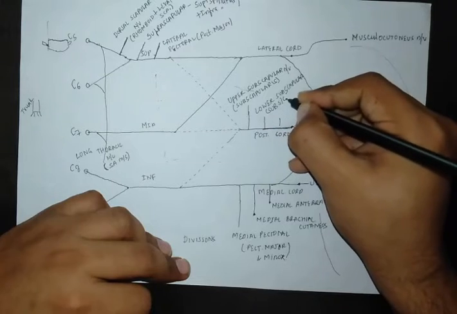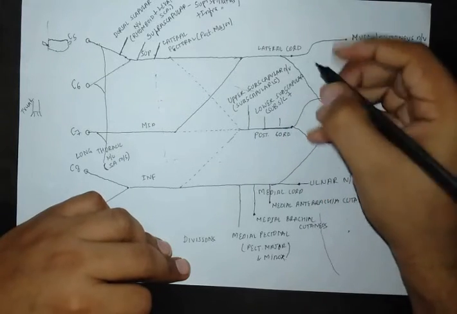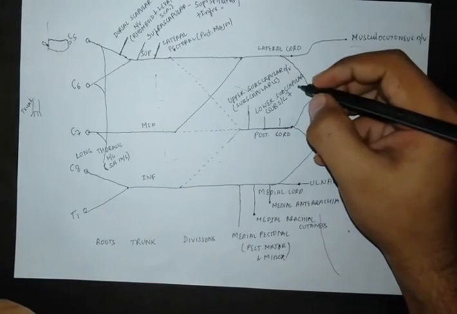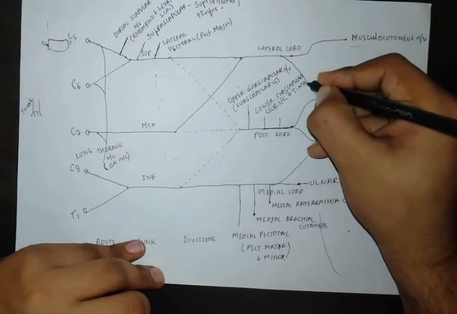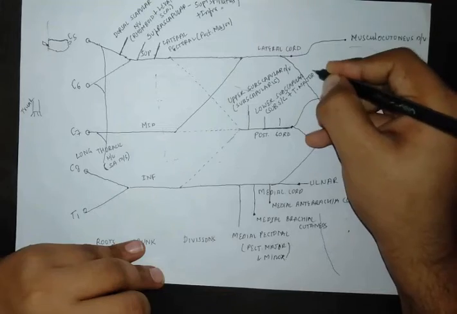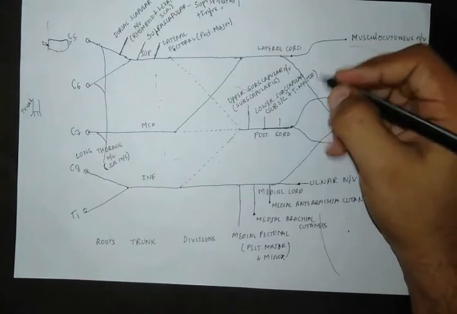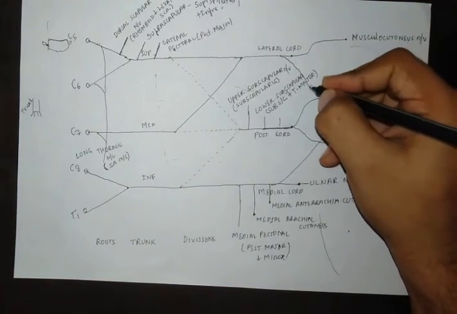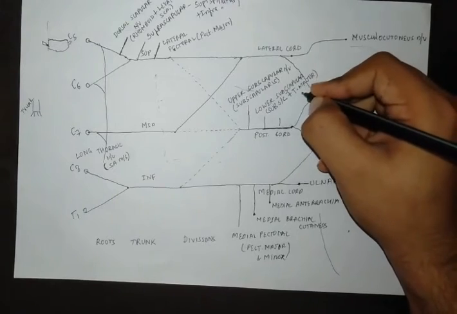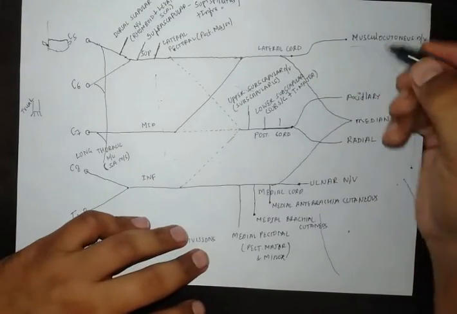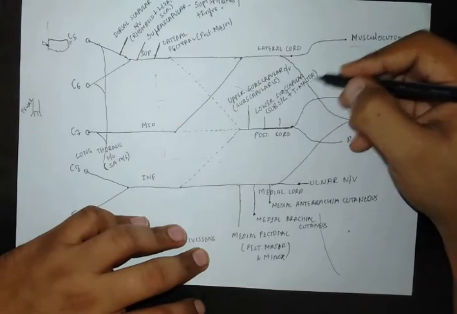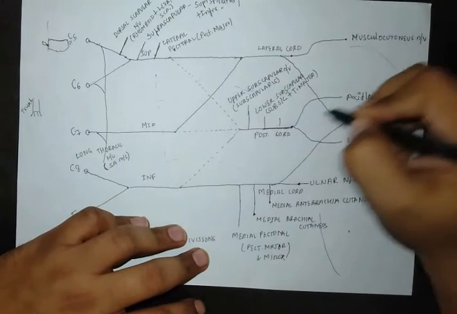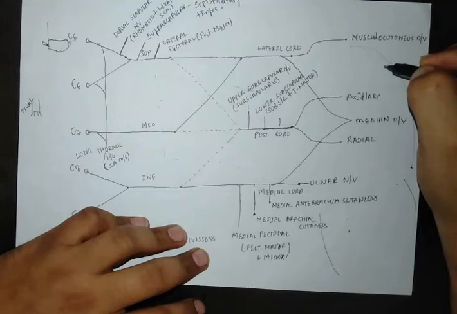I'm using short form, subscapularis muscle, plus another muscle which is behind, which is the teres major. Teres major is below the subscapularis muscle. Now do not confuse it with the teres minor. Understand, the teres minor muscle is above the teres major muscle, and goes towards the deltoid muscle.